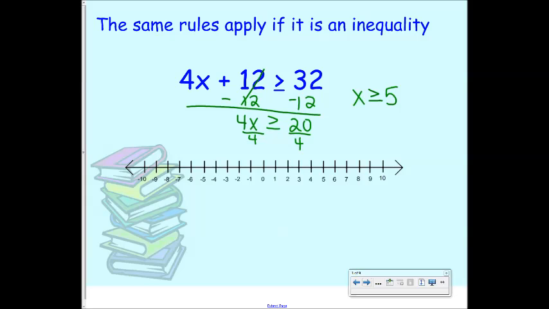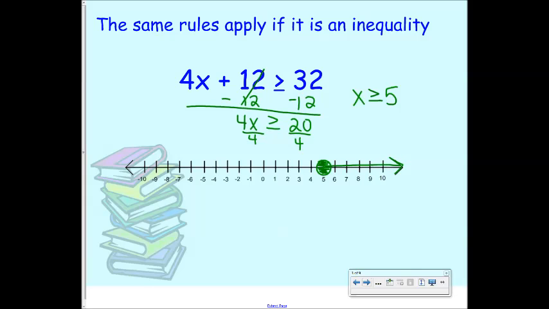Now I'm still going to want to graph that because, again, if I don't graph it, I have to make a list of all the stuff that x could be. So x could be 5.1 or 5.2 or 5.3 or 6, 7, 8, 9, 10. So I don't want to make a list of all that. So instead, I'm just going to graph the inequality. So at 5, I'm going to put a circle, and I'm going to fill it in because it's greater than or equal to. And since it's greater than, I'm going to say my arrow goes to the right.